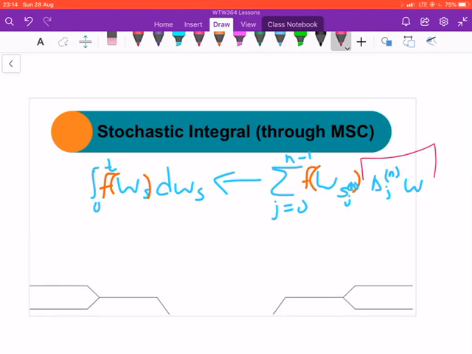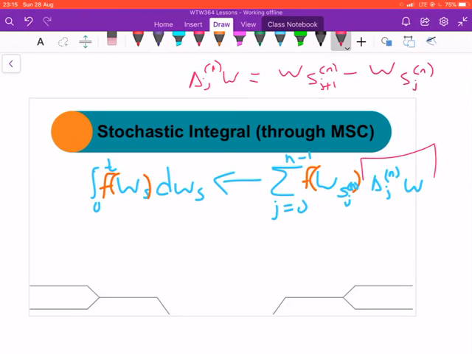So this w over here, you know it as just the length of the Brownian motion interval, I mean from one step to the next, right? So you can just say change of j n of w is going to be w of s_(j+1)^n minus w of s_j^n.